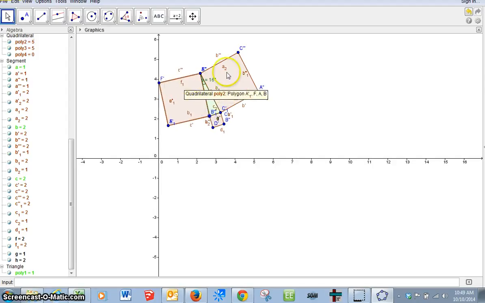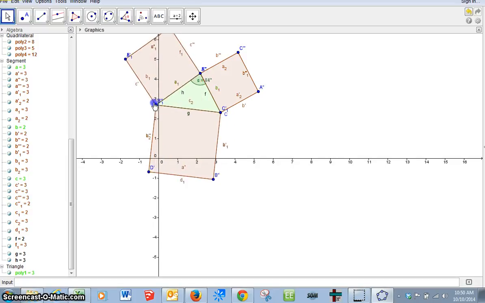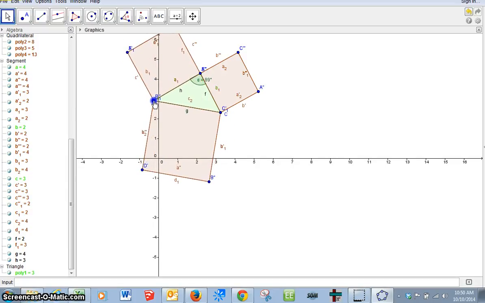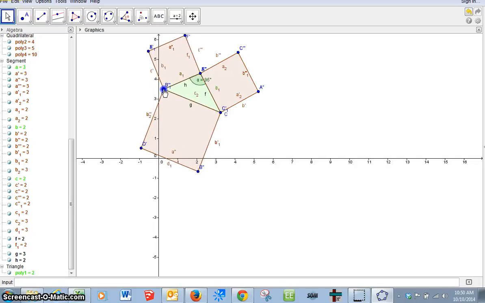Well, the area of these two squares is clearly larger than the square created on C. We go back to what is accepted as a 90-degree angle, or close to it.